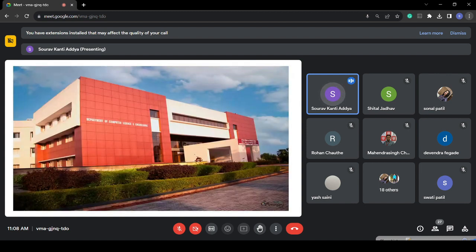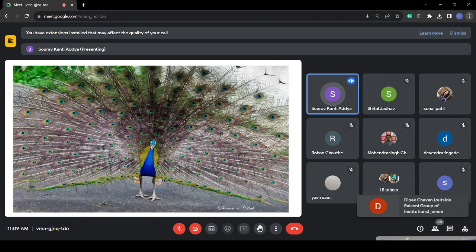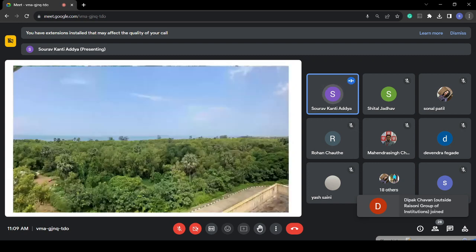This is our department, the computer science department. Some of the things we have in our campus, like the National Bird, and this is the view of the Arabian Sea from our department. I want to keep this particular slide because, as it is a virtual presentation, I want you to feel where I belong and where I am working.